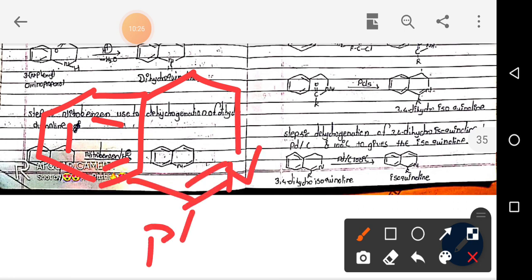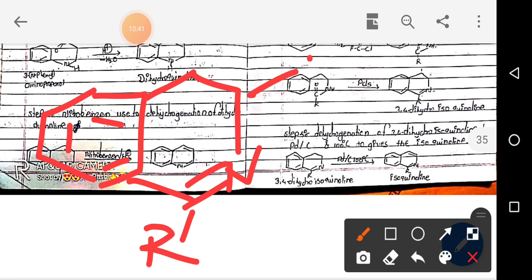This is the structure, so we need to form a double bond here, here, and here. How can we form the double bond here? This is the question.